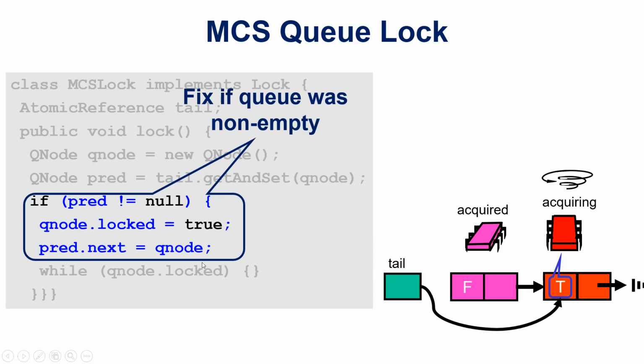After that, this red thread will spin on its locked field value, which is true. Until the pink thread updates the locked field value to false, it will keep spinning on that particular memory location only. Right? Is it clear?